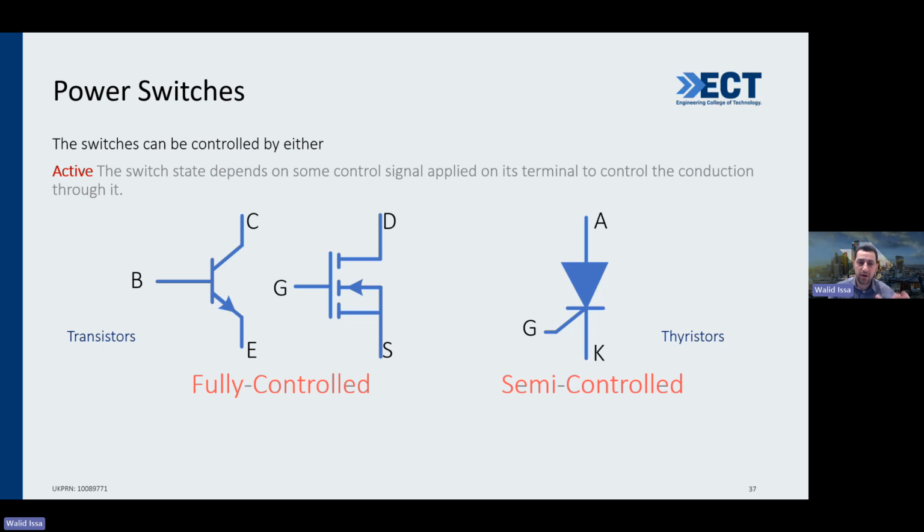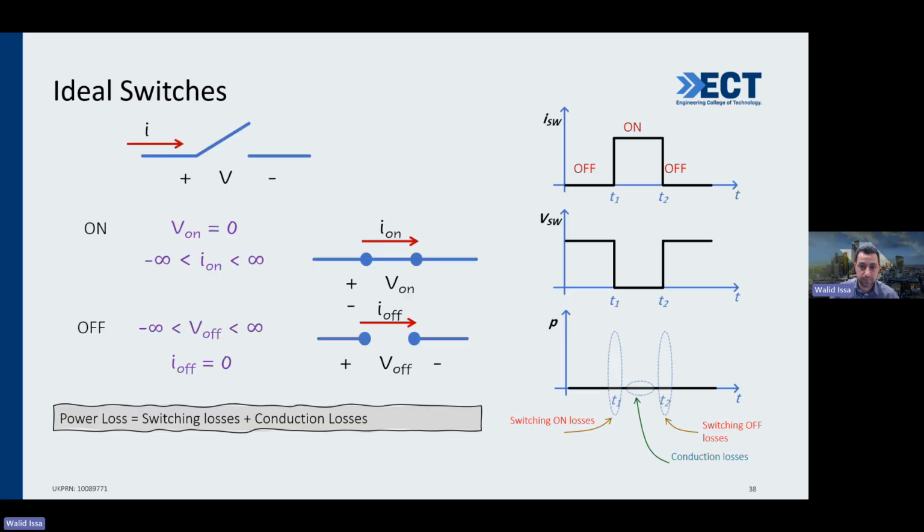Okay, so there are a few devices other than this SCR that can turn off, but this one I can turn on, but I can't turn it off. So let's look at the ideal switches. If I want to turn on and off a circuit just to make a step-up converter or step-down converter, I have to use a switch.